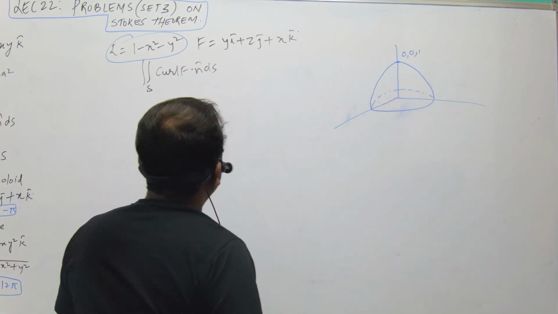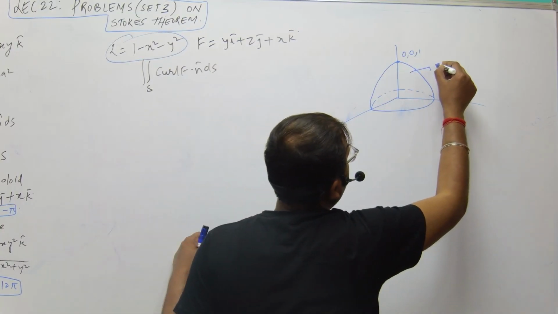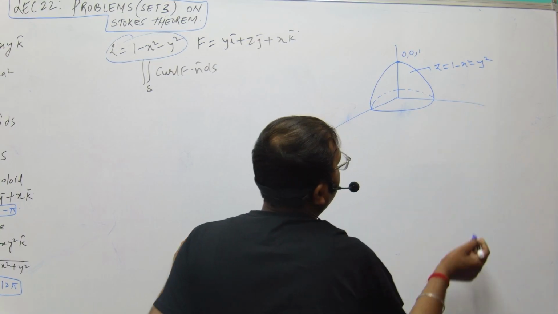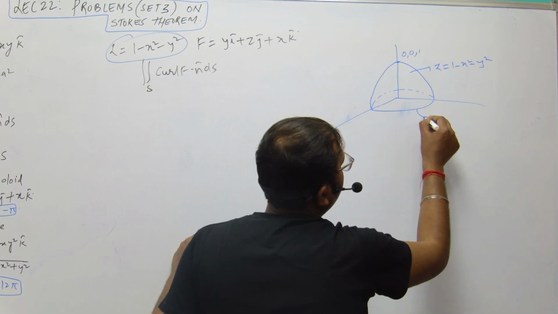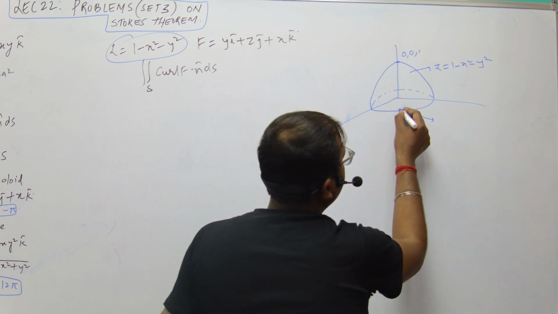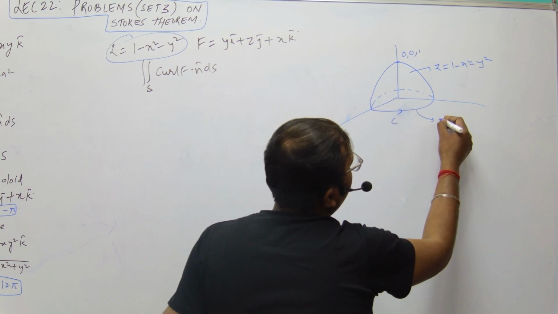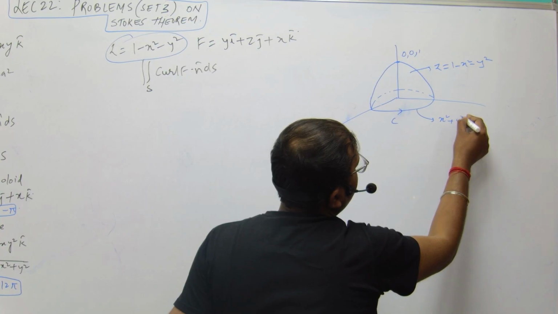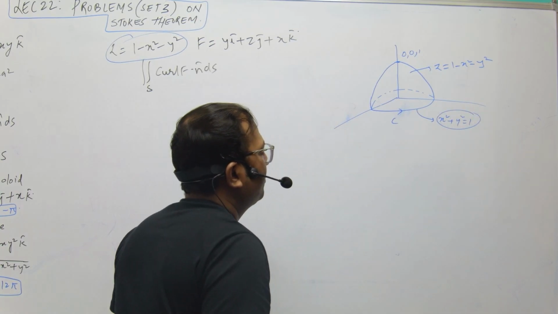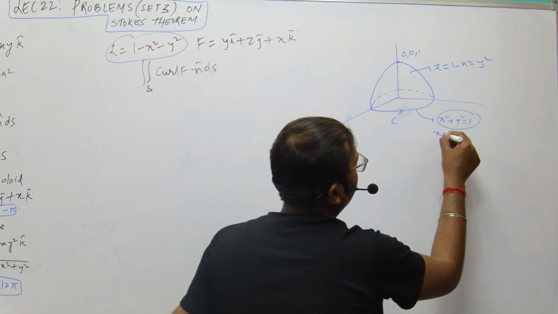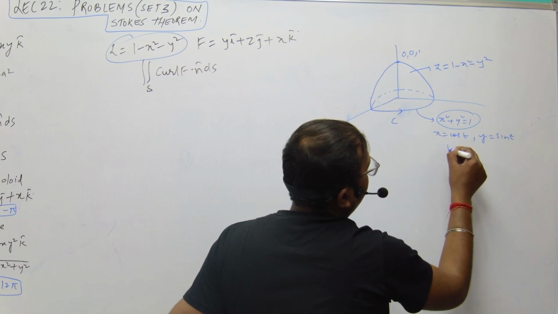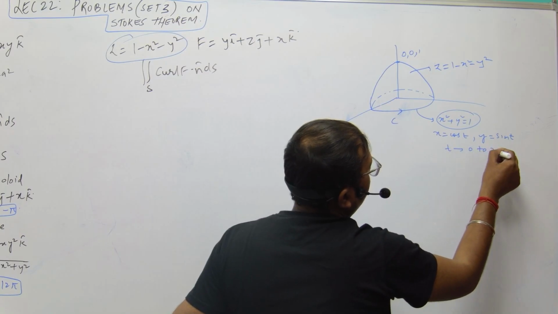The equation of the paraboloid is z is equal to 1 minus x square minus y square. So on the xy plane z is equal to 0, and the equation of this curve C will be x square plus y square is equal to 1. In parametric form, the equations are x is equal to cos t and y is equal to sin t, and t varies from 0 to 2 pi.